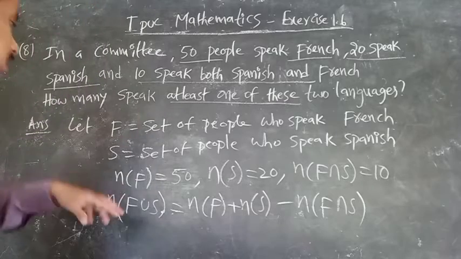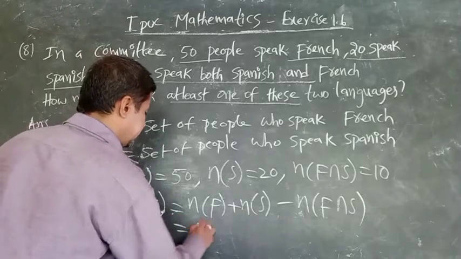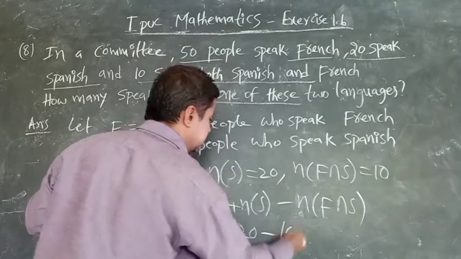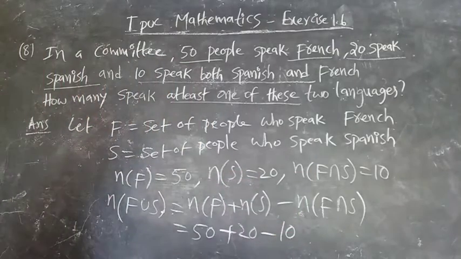Tell me, n of F is equal to what? 50 plus 20 minus 10. Like that you have to write.